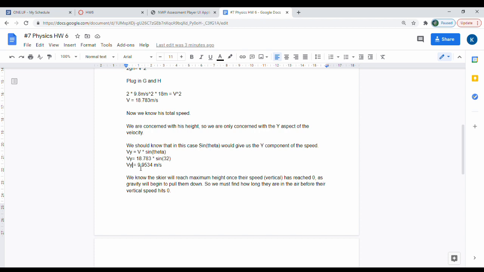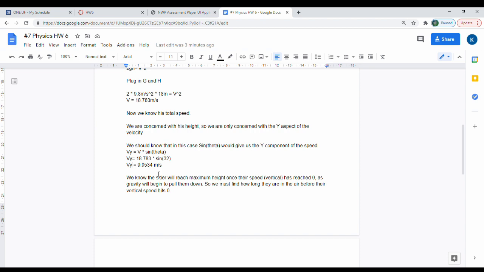So now we know his or her, I guess, speed in the y direction. So it's asking about the maximum height. Well, once their speed going upwards has hit 0, gravity will begin to pull them down. Well, gravity's always pulling them down, but gravity will change their velocity to negative and their distance to negative. So we need to find how long they're in the air before they reach the top of the peak.